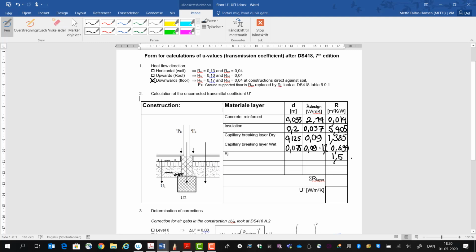And then we add all the resistance together, and that gives us a total resistance of 8.998. And then the U value is then 1 over 8.998, and that is 0.111.